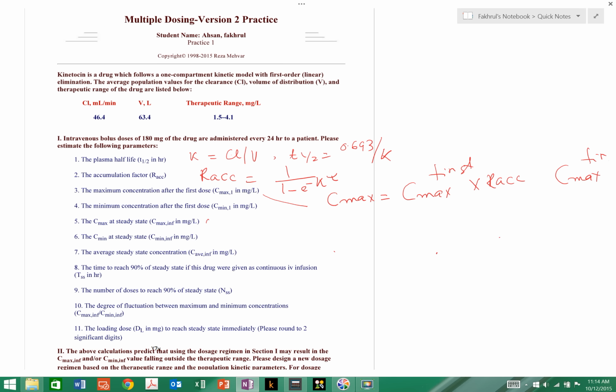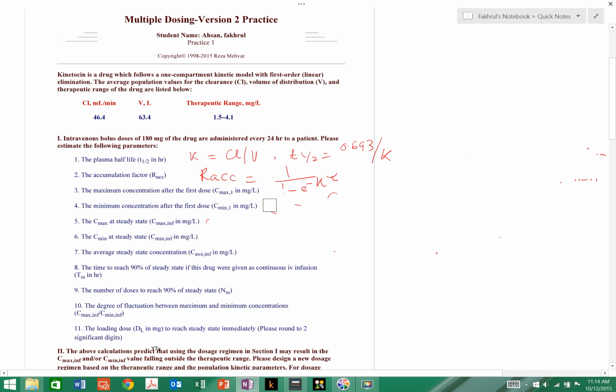And to calculate Cmin, oh, sorry, I messed up here again.